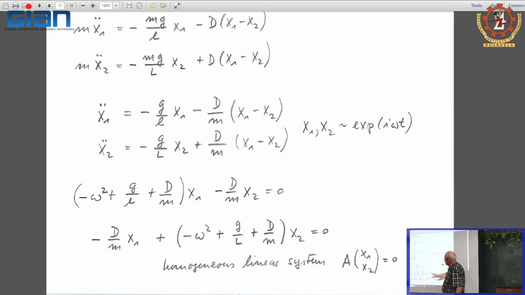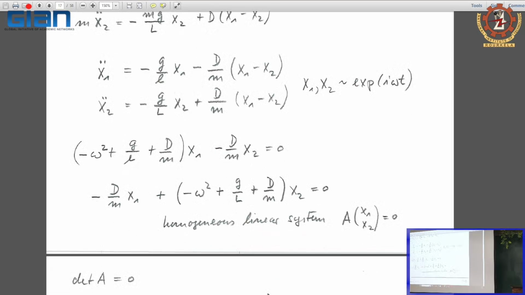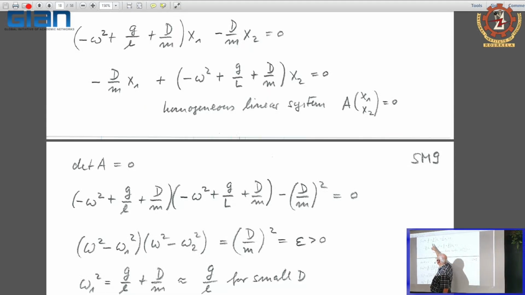Well, this is a homogeneous linear system with respect to the displacements x1 and x2, and might be written as a matrix A times the vector (x1, x2), and this has a solution only once the determinant of A is 0. So the condition for the solvability of the system is: minus omega squared plus g over L, this is the first bracket, times the second bracket, minus the off-diagonal terms, minus (d over m) squared, is 0.